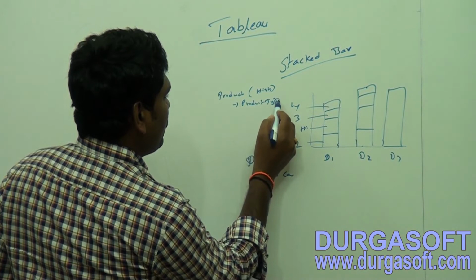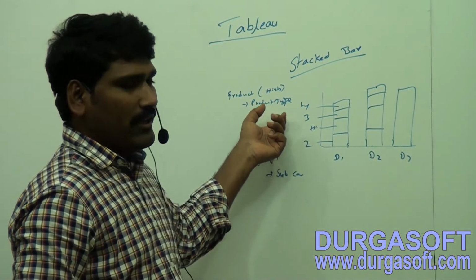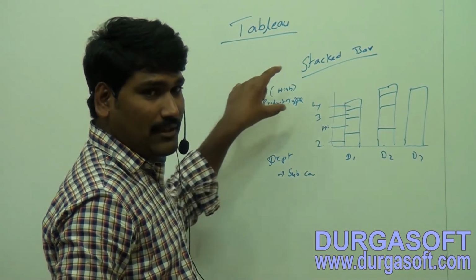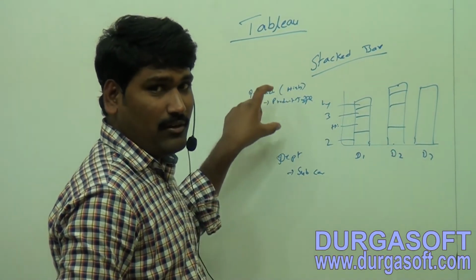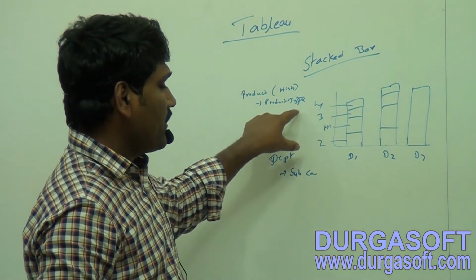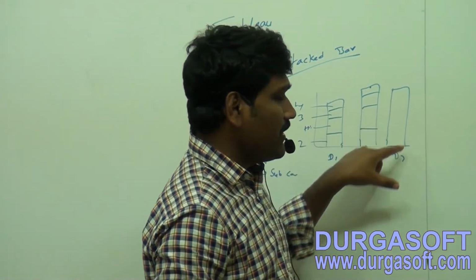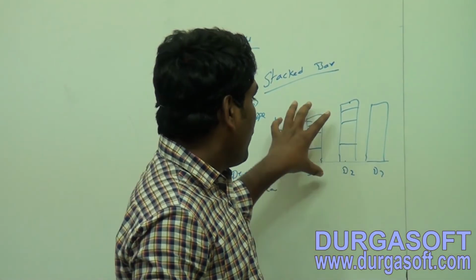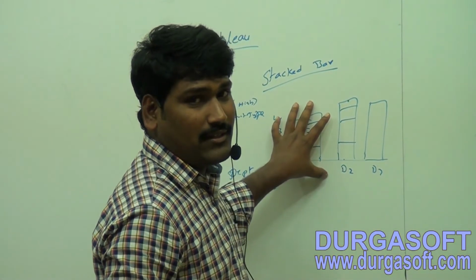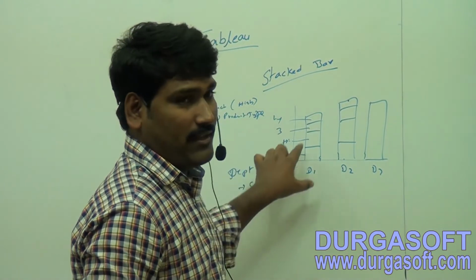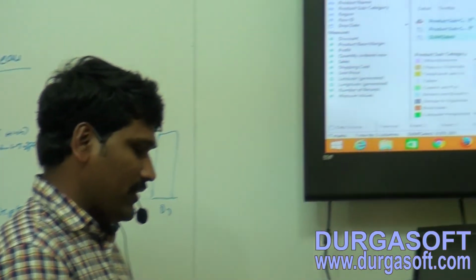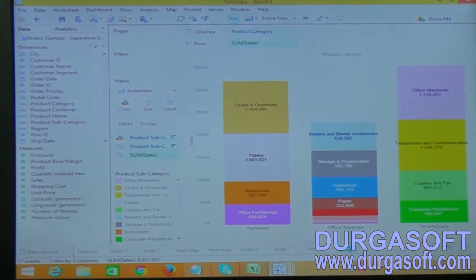You can drag this product type to the color. You have to drag product type, product and sales to the columns and rows. By using this product type, the bar is divided. I am applying ascending or descending order of the product subcategory by using the sorting option from the color legends. Now this is the stacked bar.